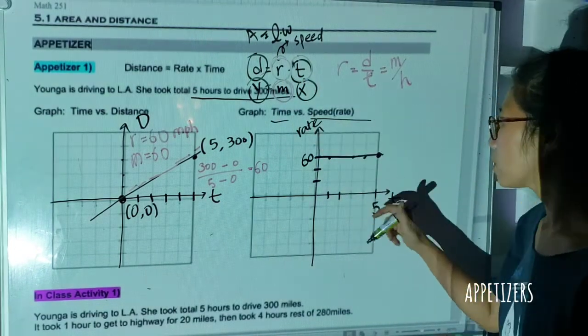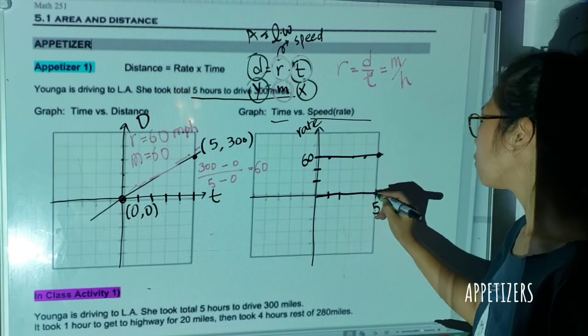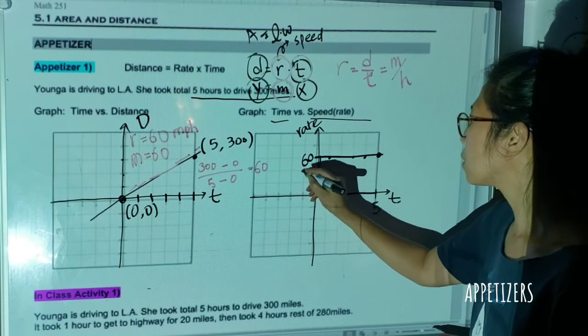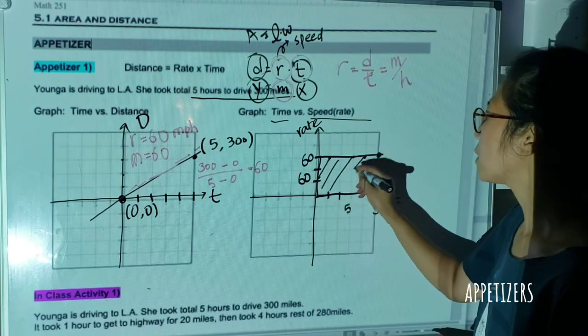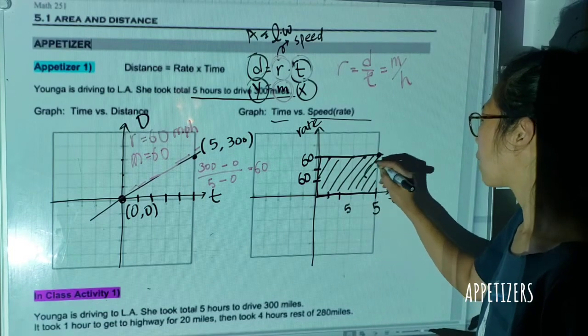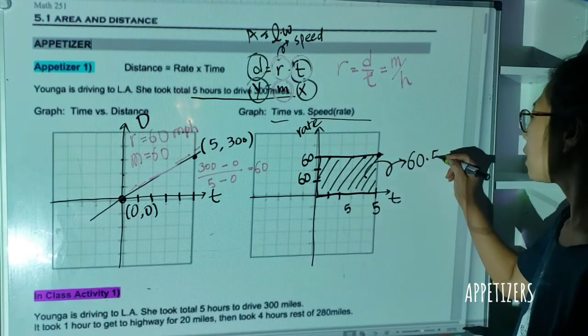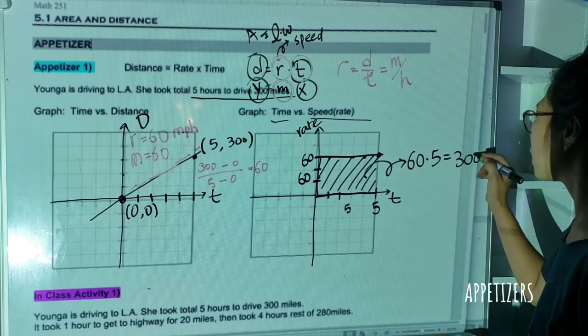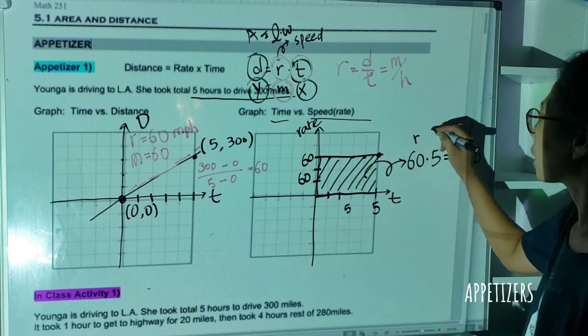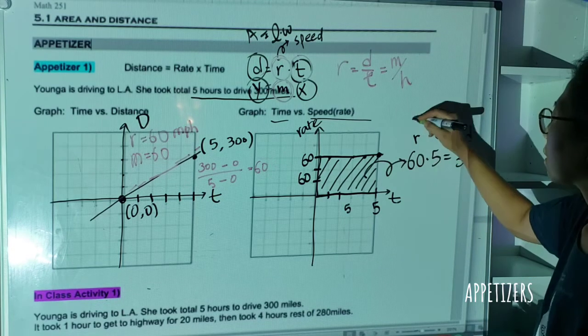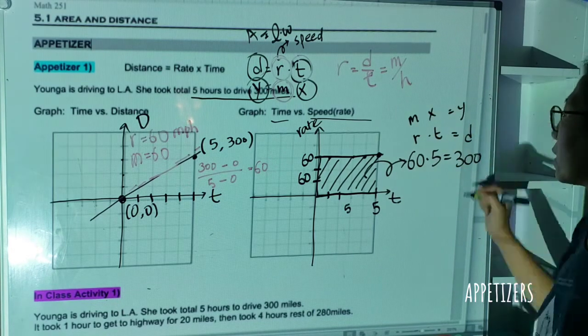If I multiply 5 hours times my speed of 60, let's find the area of this rectangle. What do we get? 60 times 5, which is 300 as a distance, because rate times time is distance, like mx equals y here.